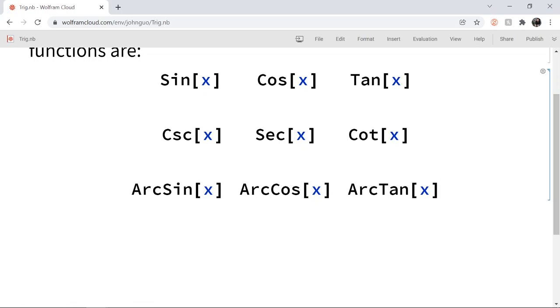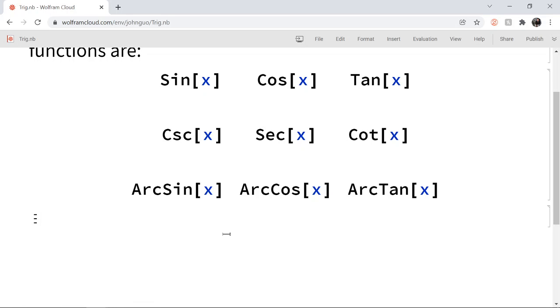Many of the common radian angles we evaluate trigonometric functions at are expressed in terms of pi. So let's look at how we can enter pi into Mathematica. Mathematica lets us type in special characters by pressing the escape key. If I press the escape key, I get these 3 dashes.